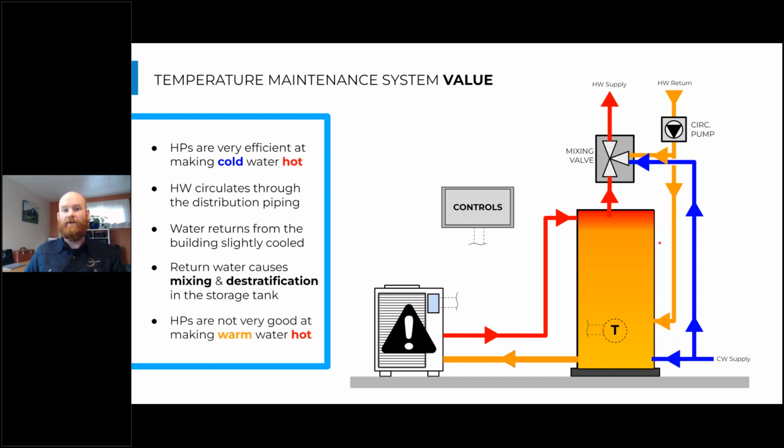If the heat pump turns on, it's going to draw in some of that hot or warm 110 degree water, and it might not be reliable or efficient at operating at this point, and it might create an error or an alarm in our system.